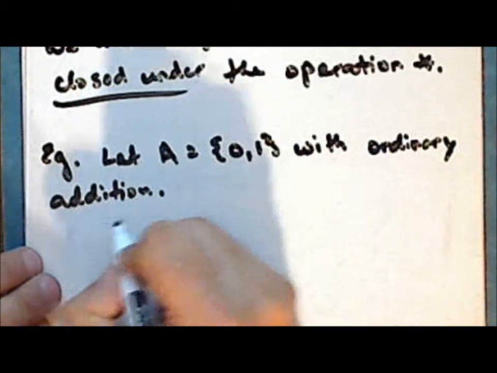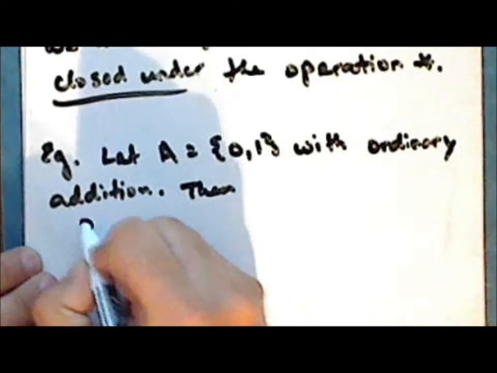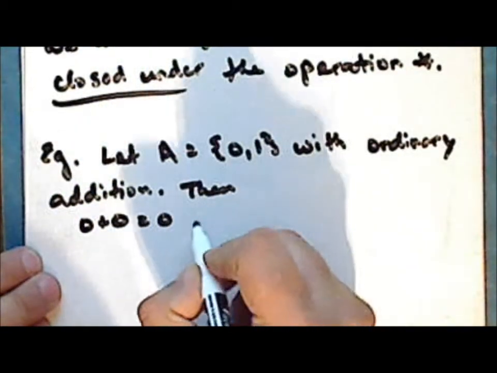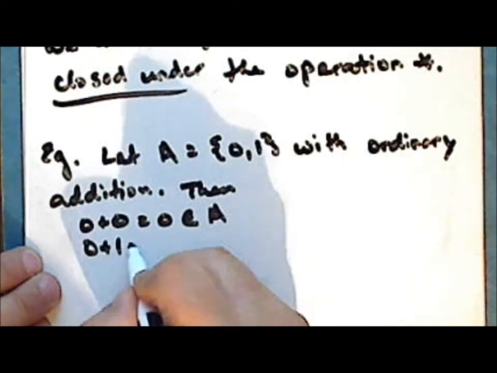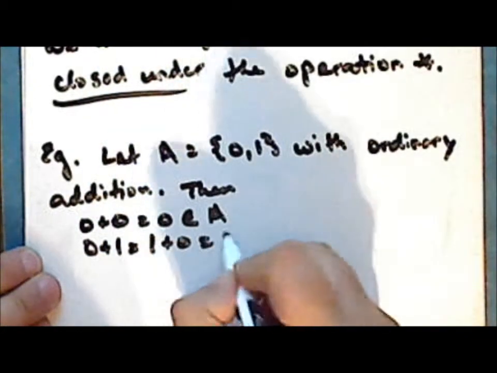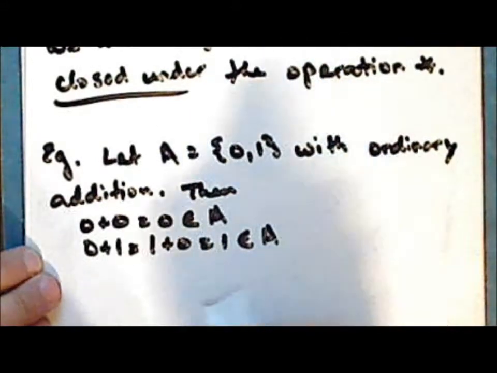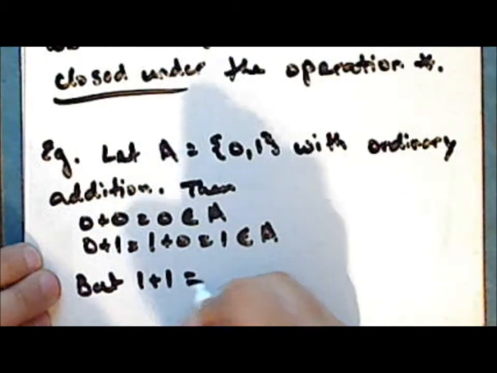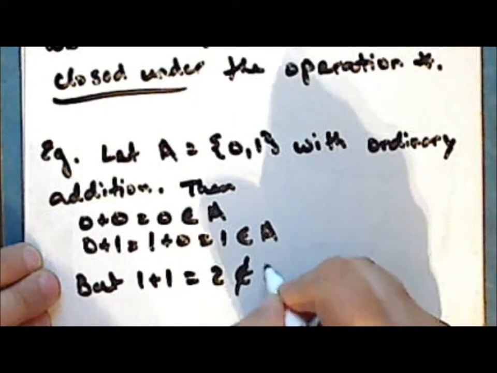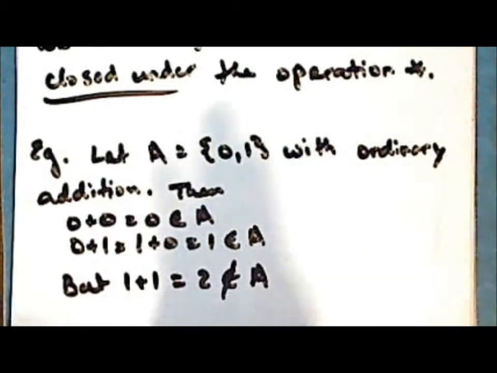Then 0 plus 0 is 0, which is in the set A. 0 plus 1 is the same as 1 plus 0, which is 1, which is also in the set A. But 1 plus 1 is 2, and this is not in the set A. And so the operation of addition is not closed over the set A, and so the operation of addition is not a binary operation defined on the set A.